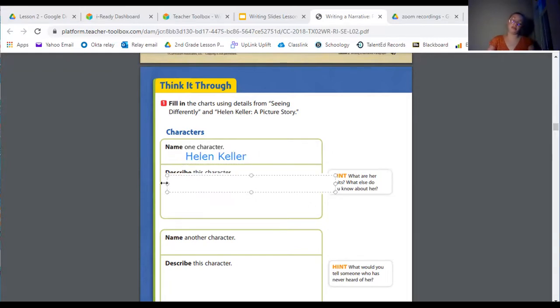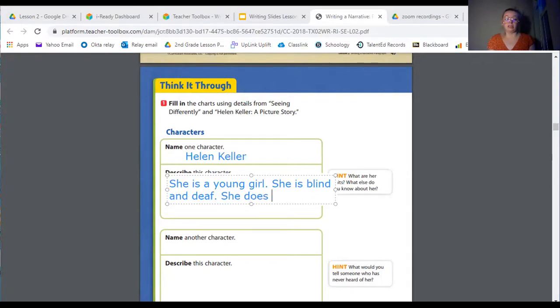Describe this character. Okay, well, I remember from our source text that she is a young girl. She is blind and deaf, and she does not understand that letters form words.